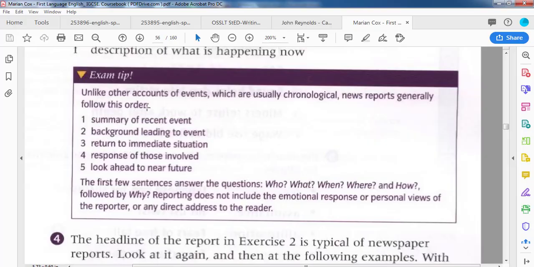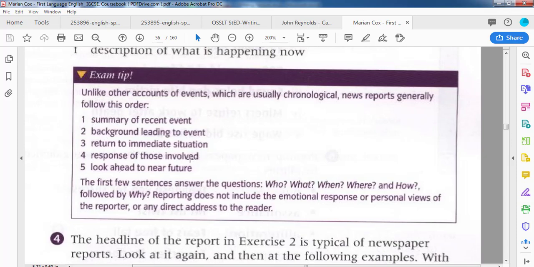So she tried to tell you about the summary of recent events, the lead paragraph, the background leading to the event. She shifts you back to the past, then returns to the immediate situation. She transfers you again to the present.